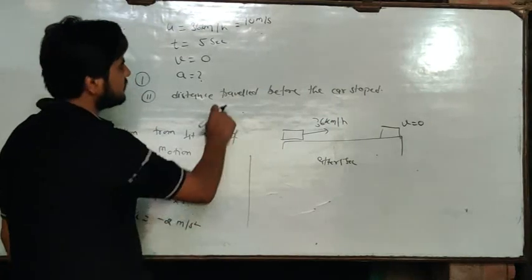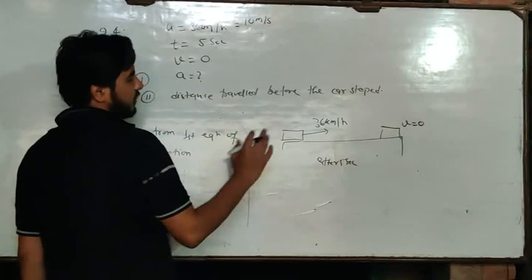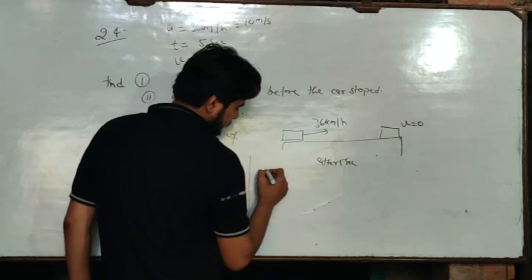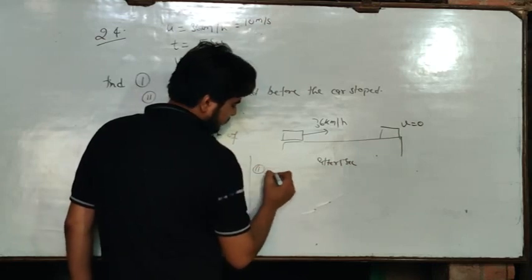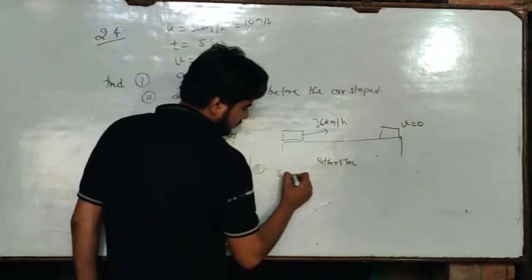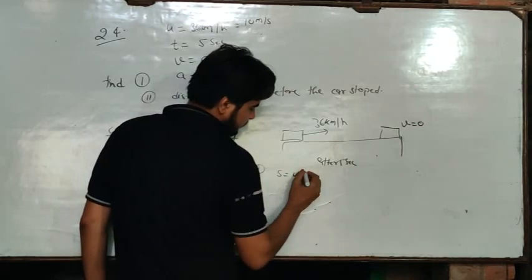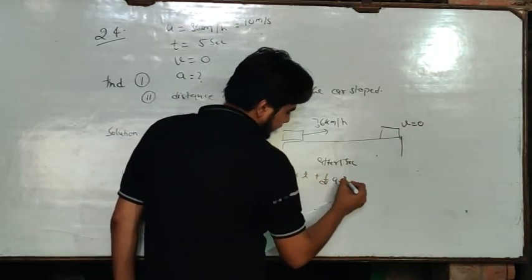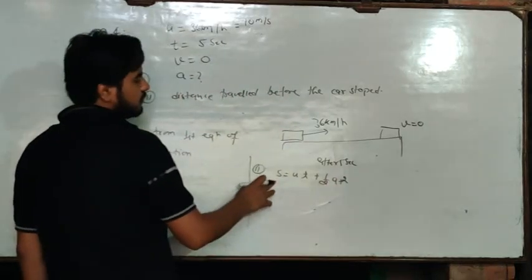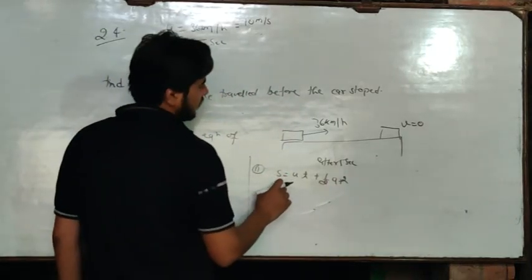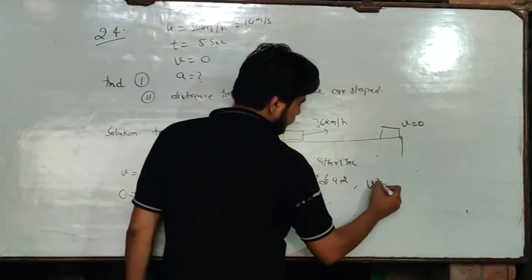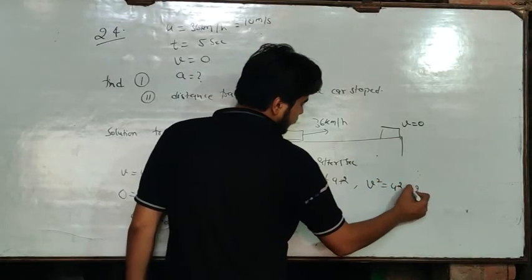We have to find the distance traveled before the car stops. So s is equal to, for the second part, ut plus half at square. We can use this equation, or v square is equal to u square plus 2as.